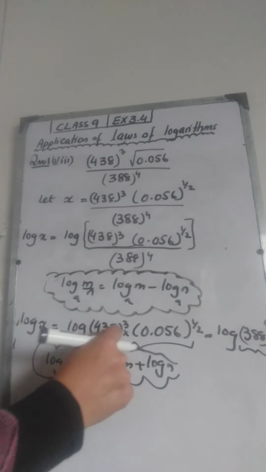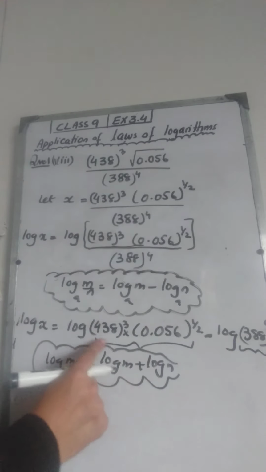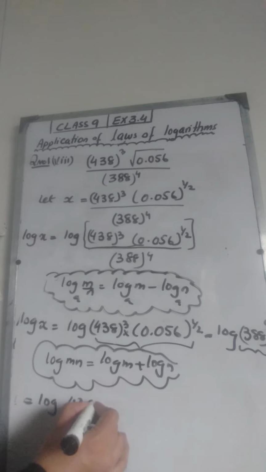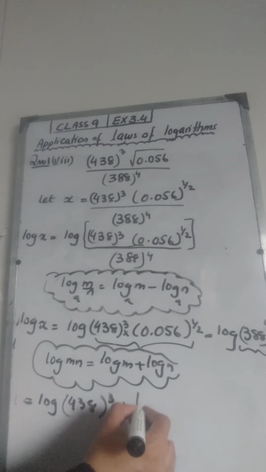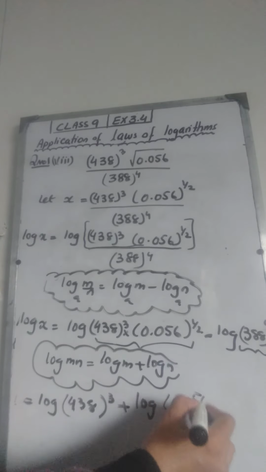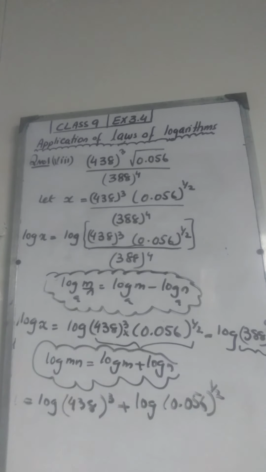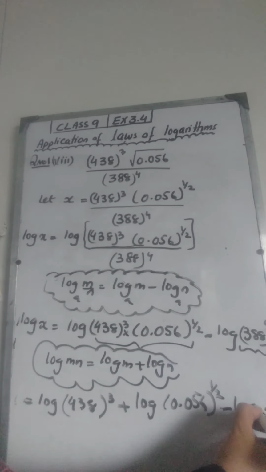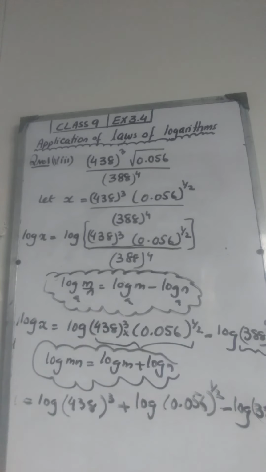So log of m into n will be equal to log of m plus log of n, minus log of 388 raised to the power 4.